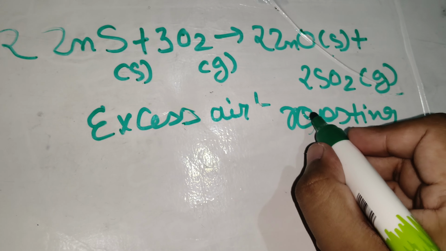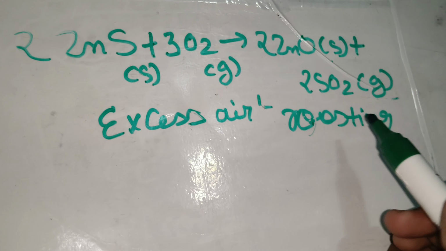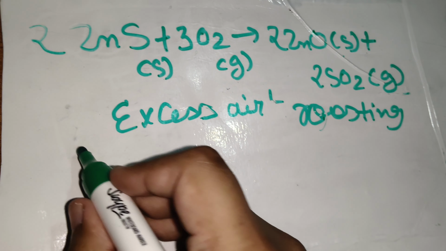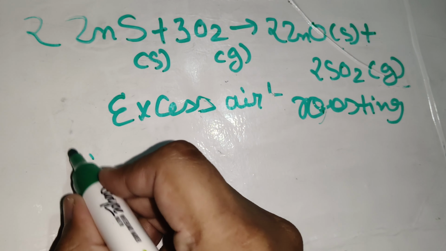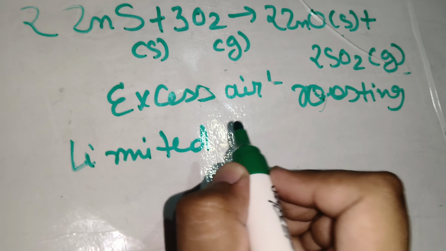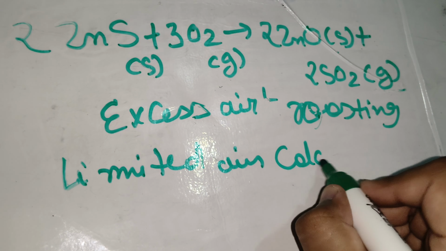So this process is known as roasting, where we burn the compound with excess air to convert it into the oxide. And when we do it for carbonate, we do it in limited air. It is known as calcination.